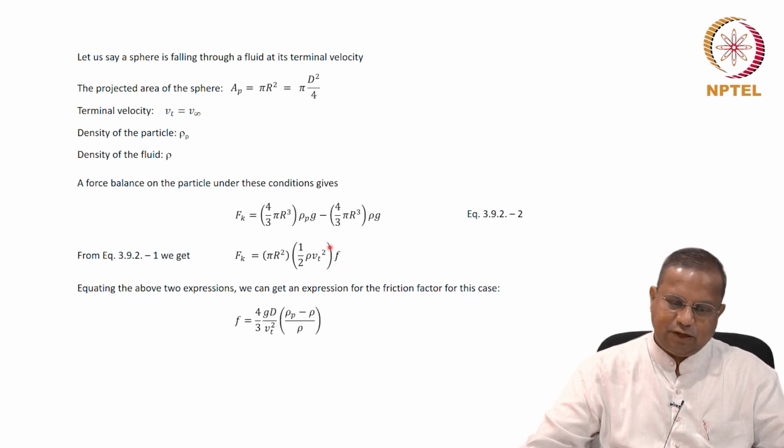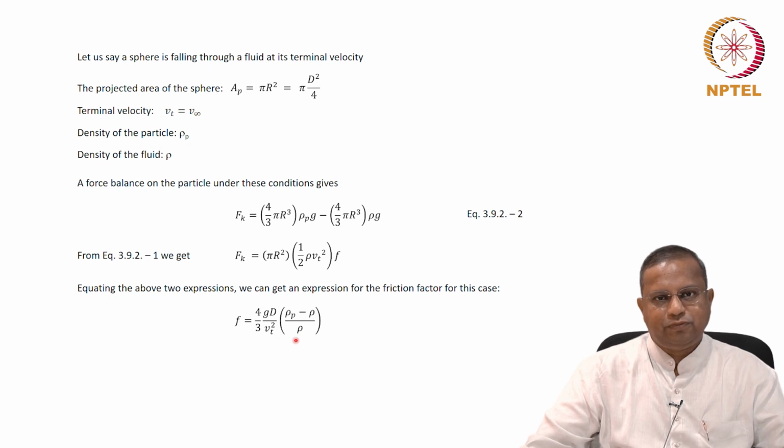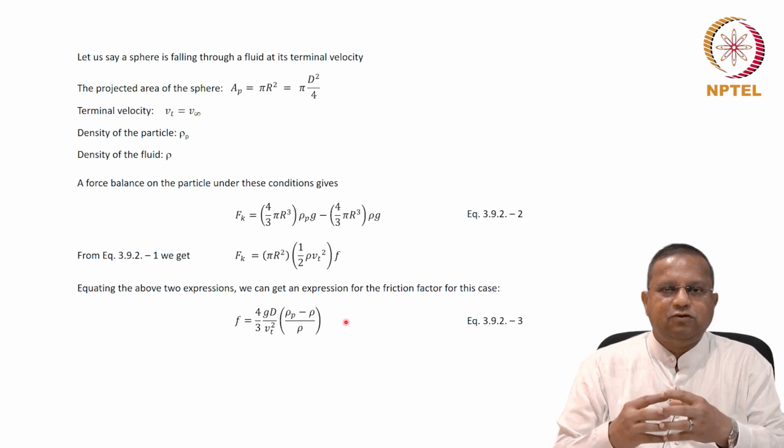I'd like you to do that. It's quite straightforward. This minus this divided by this essentially will turn out to be 4 g d divided by 3 Vt squared times rho p minus rho by rho. So we have a friction factor, equation 3.9.2-3, for this case of a relative motion between a solid and a fluid.